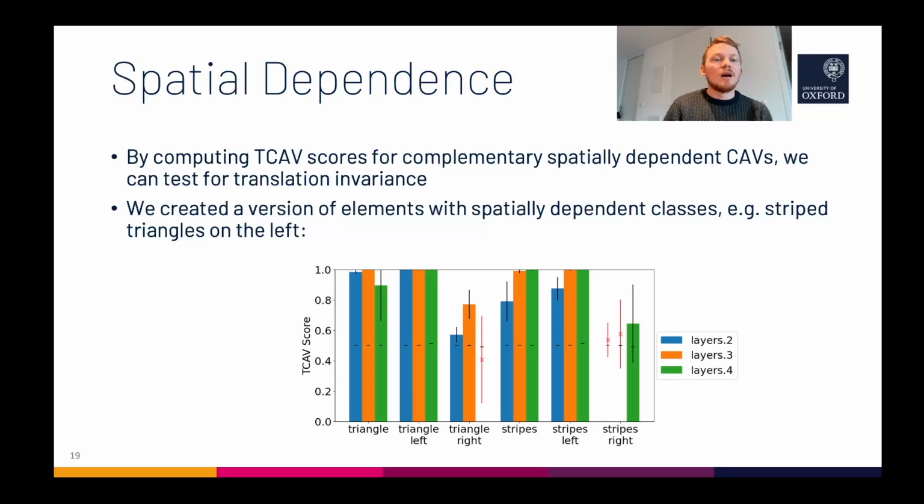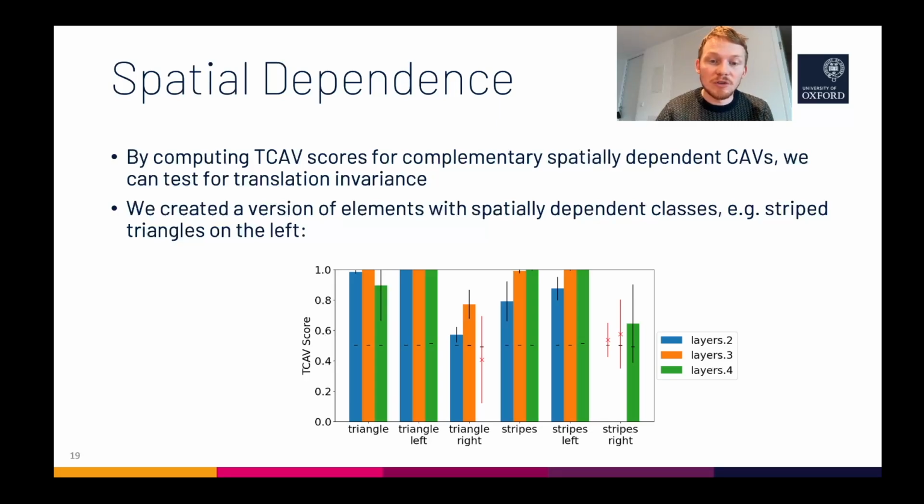So in this example, we created a version of the elements dataset which had spatially dependent classes. So for example, this class was striped triangles on the left. And then we created CAVs of all the different types, both spatially dependent and not spatially dependent, and observed differences in their TCAV scores. So in this case, triangle and triangle left come out as very highly positively sensitive, whereas triangles right is much closer to 0.5, suggesting much closer to null, suggesting not very sensitive to the triangle right concept.